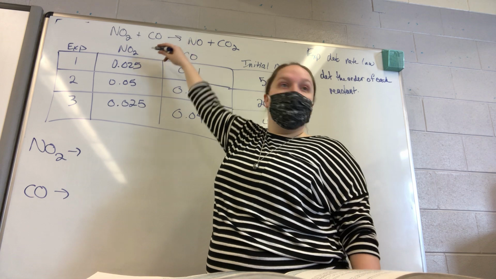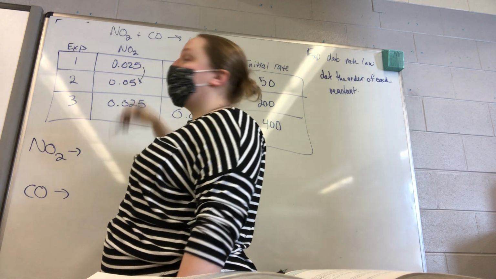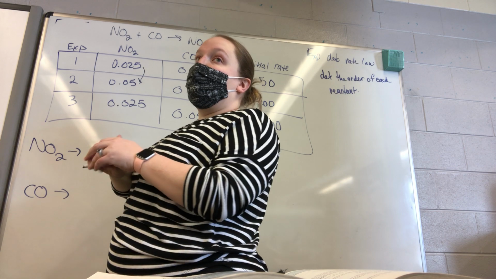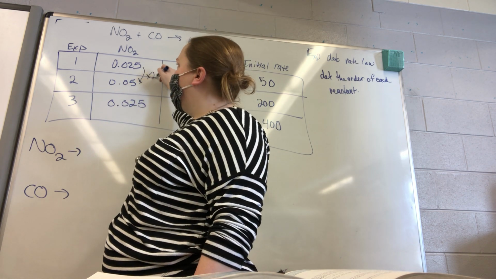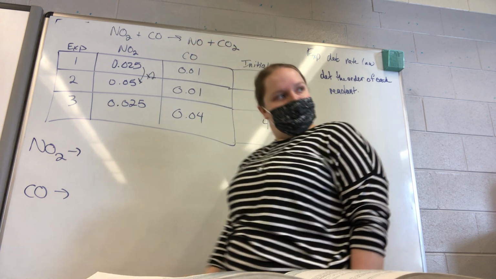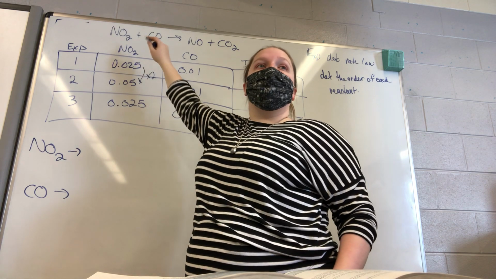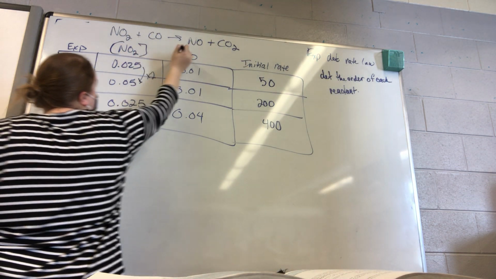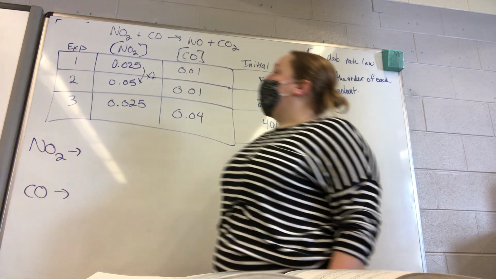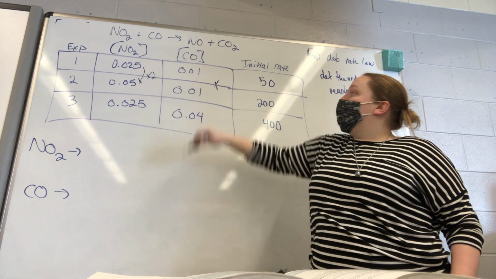For NO2, in this first column, what happens? The concentration doubles. As we go from here to here, the concentration goes up by a factor of 2, right? Do we see that? Yeah. Okay. This one does not change. Good.